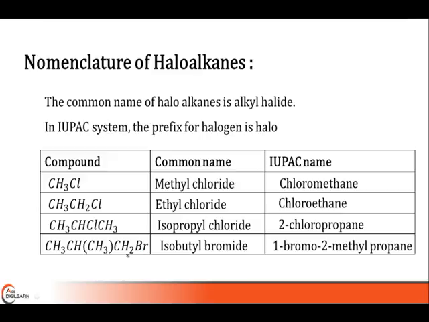Bromine is attached to a primary carbon atom. This is the isobutyl group and bromine is attached to the isobutyl group, so the common name is isobutyl bromide.